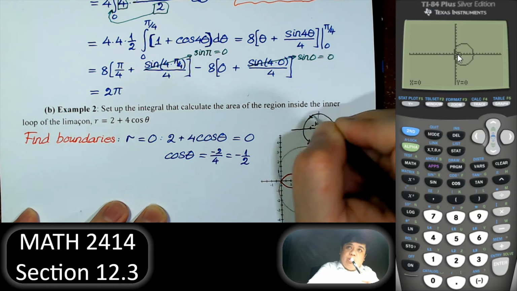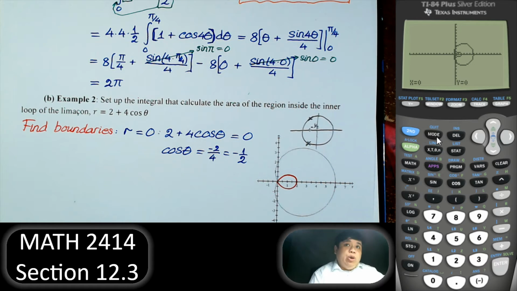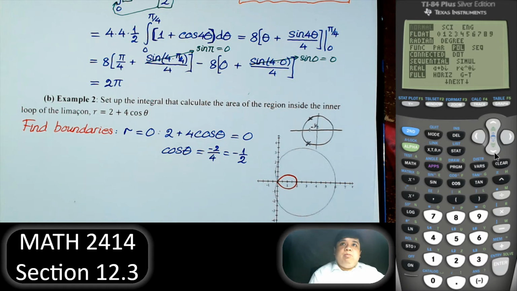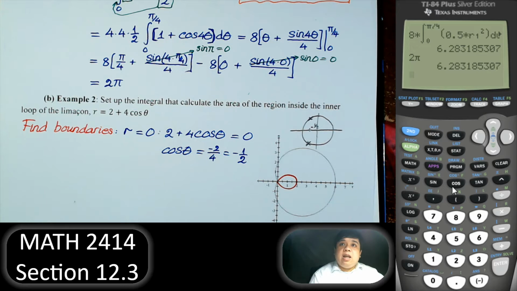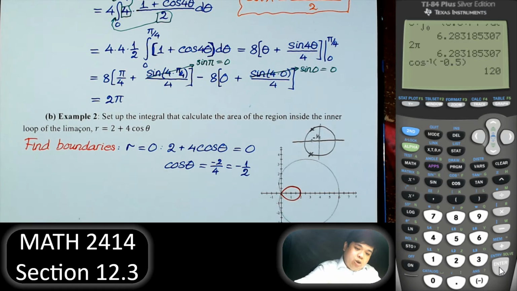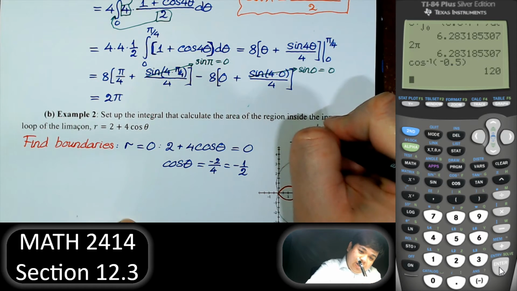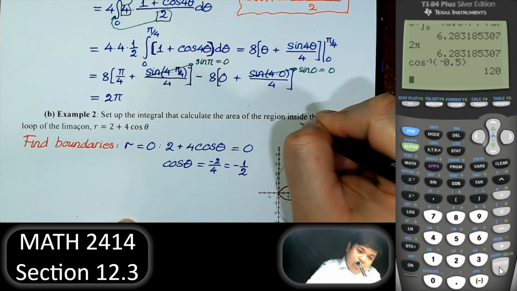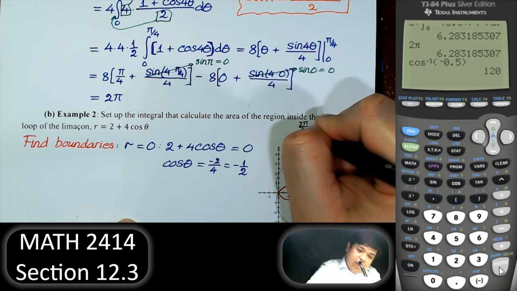So let's determine those. If we use the inverse trig function, we should keep in the degree mode. It is easier to see which one that is. So we take cosine inverse of negative 1/2, and that gives us 120 degrees, which is 2 pi over 3.